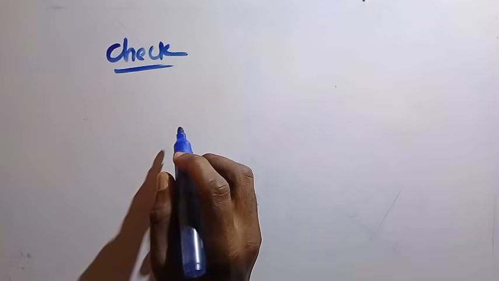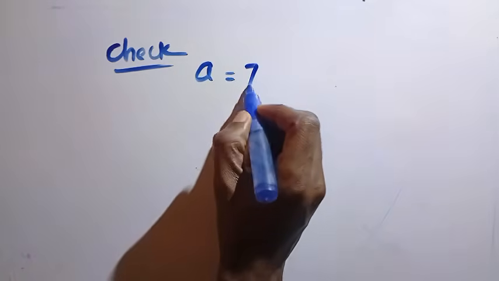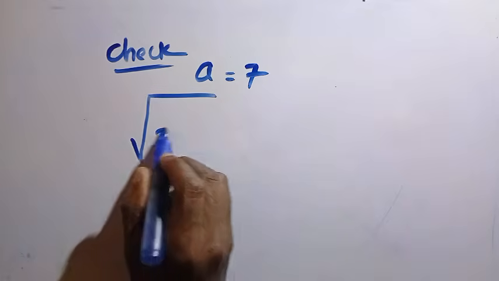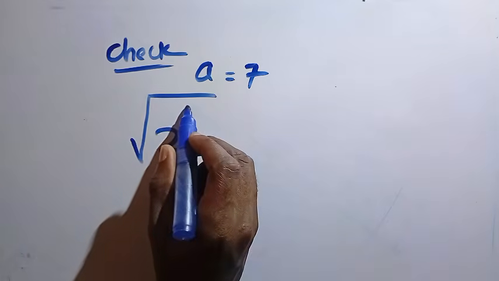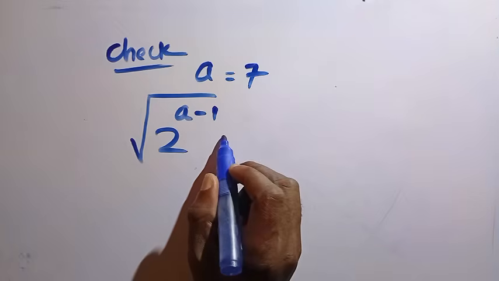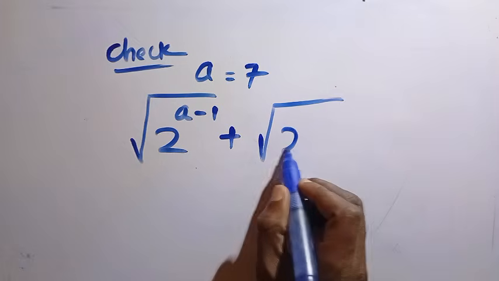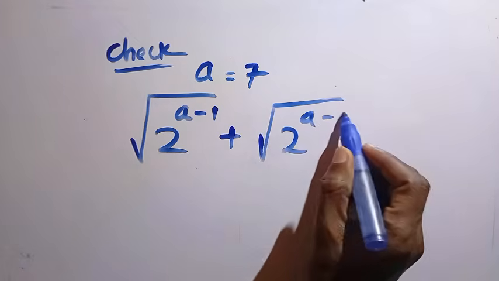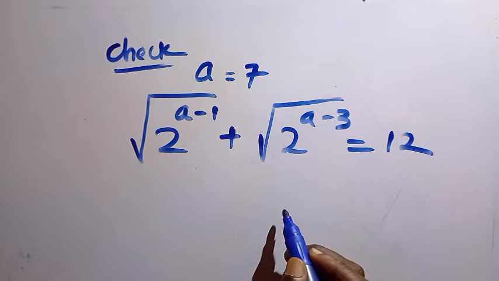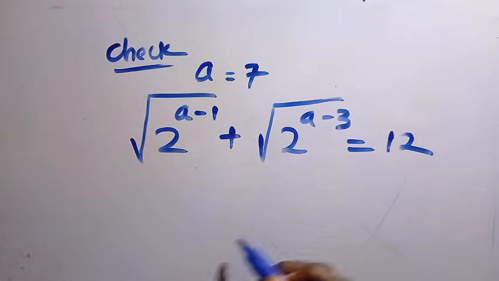Let's verify the answer that we got. Since we have a equals 7, and from the given problem we have the square root of 2 power of a minus 1, plus the square root of 2 power of a minus 3 equals 12. I want to show that substituting this gives us 12.